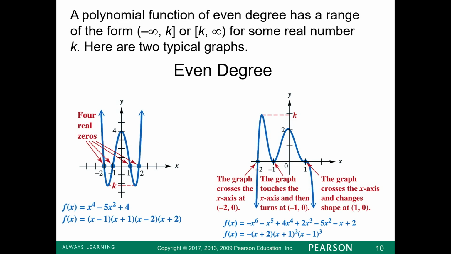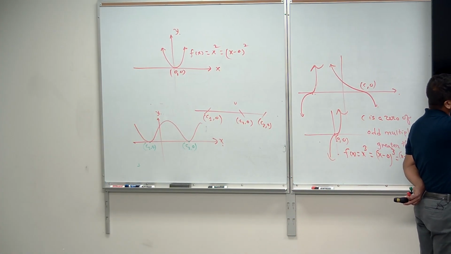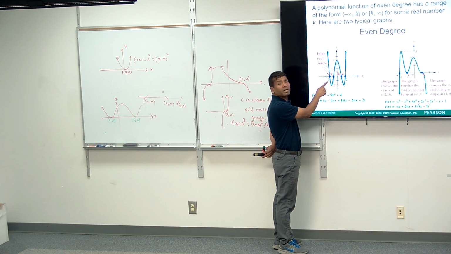That makes sense? And then we talk about, look here. Remember we said that if the graph of the function simply crosses the x-axis at (c, 0), c is a 0 of multiplicity 1. We said that, right? So now look at the first graph. The graph of the function simply crosses the x-axis at what? x equal to negative 2.